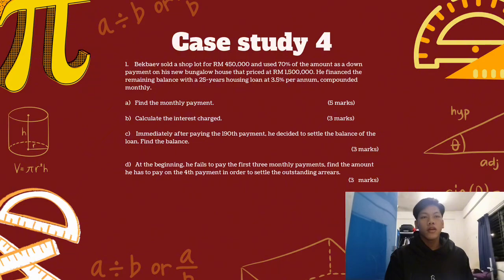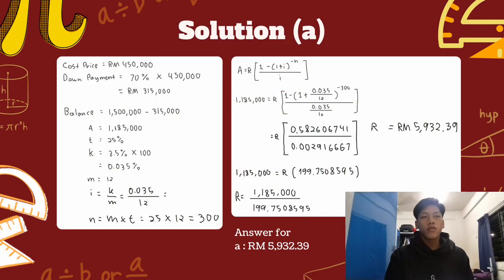Let's look at solution A, where we calculate the required monthly payment. First, we find our loan principal A by subtracting the down payment of RM 350,000 from the total house price, leaving us with 1,001,500.